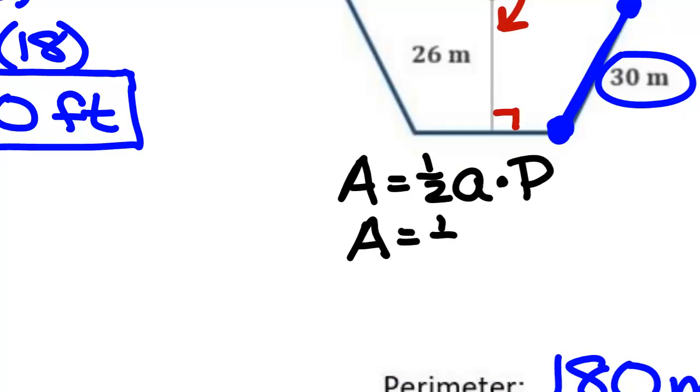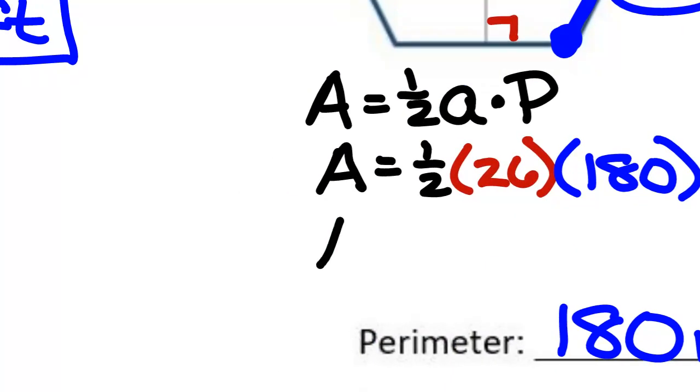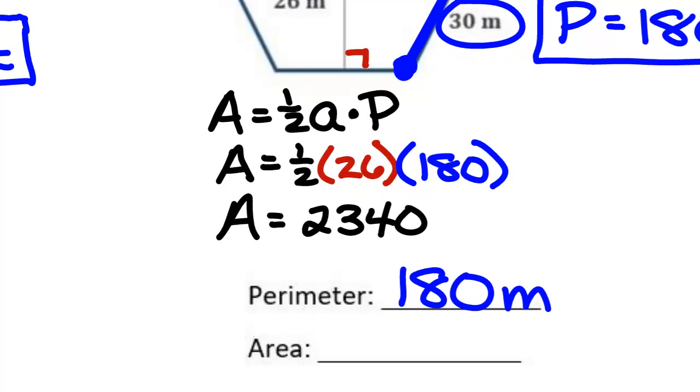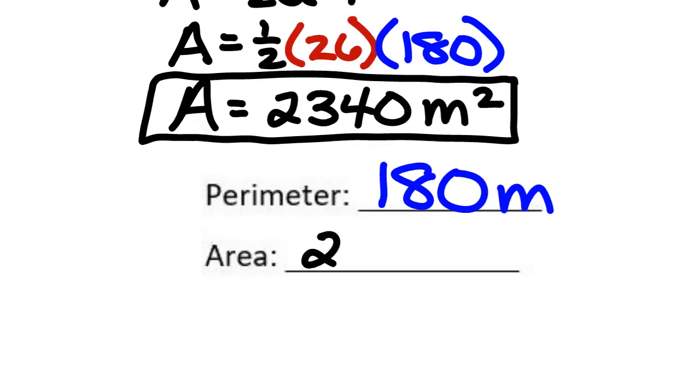So area equals 1/2 times 26 times the perimeter of 180. What does that one come out to be? 2,340. What kind of units should we put with that? Meters squared. Absolutely. Awesome.